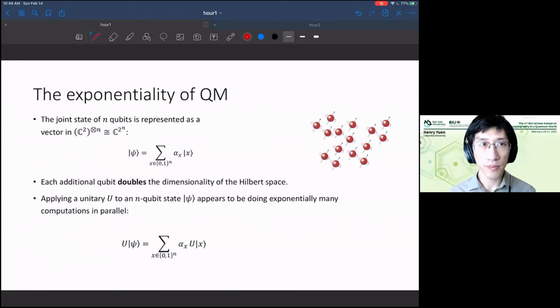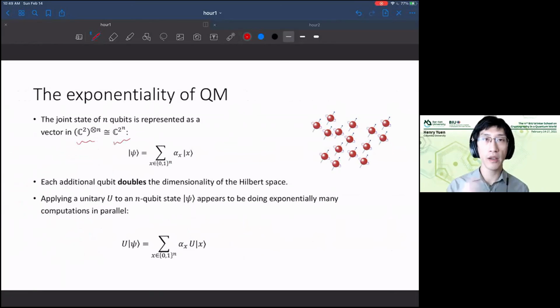All right, so this brings me to the end of this discussion about exponentiality of quantum mechanics. We talked about putting 2 qubits together, but of course, in order for things to be interesting, you want to put many qubits together. If you put n qubits together, the Hilbert space is this n-fold tensor product, and it has dimension 2 to the n.